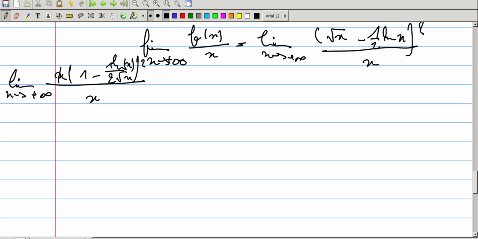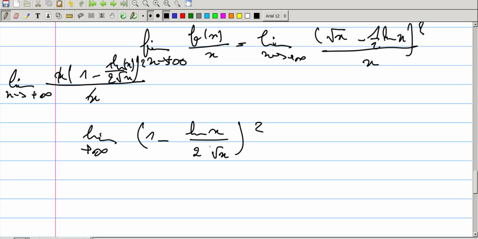Yes, a factor of x. So we will just get rid of x, and we will have the limit as x goes to plus infinity of 1 minus ln x over 2 square root of x, squared. You can substitute x again, or just take this 1 over 2 on the x.